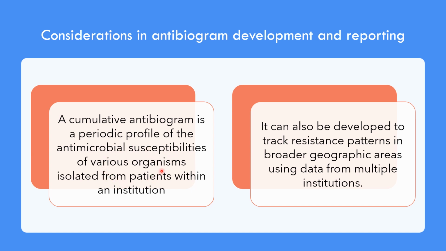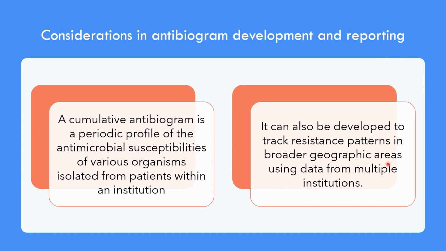If you don't have an ID of the organism, the antibiogram cannot be done, and isolates that are not identified cannot be part of the antibiogram data. So there are conditions for a cumulative antibiogram: a specific period of time, presence of antimicrobial susceptibility, and identification of the organism. It can also be developed to track resistance patterns in broader geographic areas.